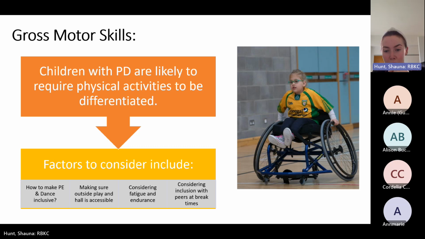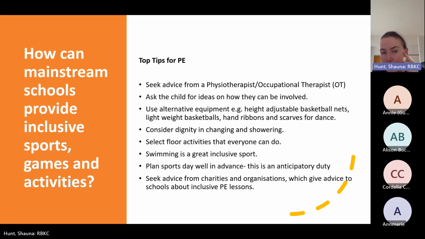I'll go on to discuss some tips now, just in terms of PE and how we can include them in these sports and things like that. Okay. So SENCOs and teachers in mainstream schools often ask me, how can they make PE and sports days more inclusive for pupils with physical needs? You can seek support from your local authority teams, so the specialist teachers, OTs, PTs, we can definitely give you advice on that.